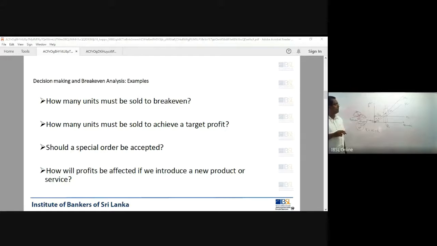right? Because if you consider only the variable cost, you have covered the entire variable cost. This portion you have covered, right? But the fixed cost, this is a smaller portion.